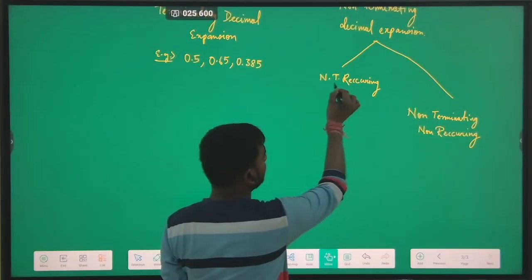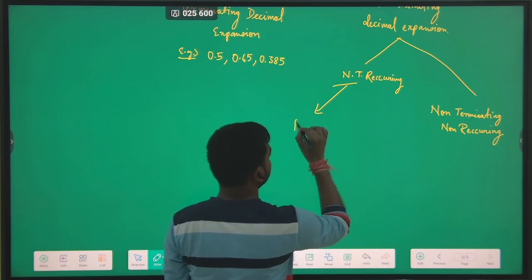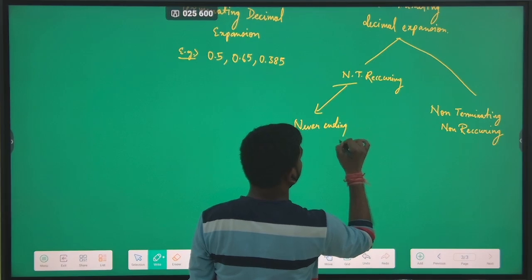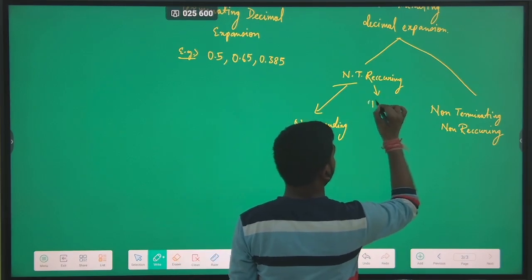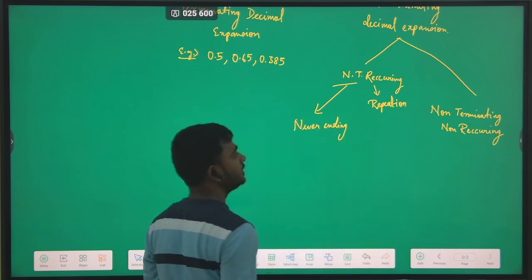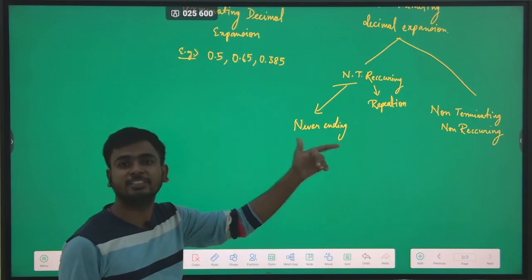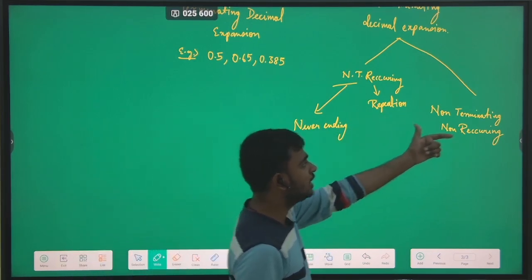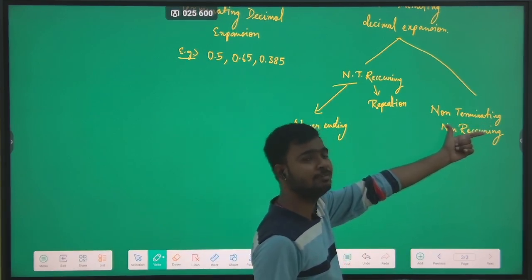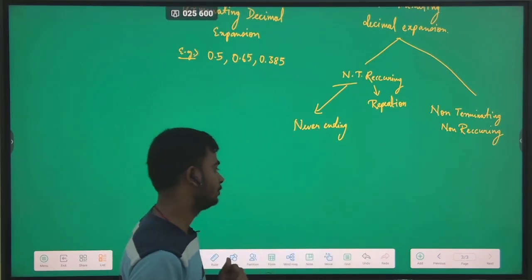Here non-terminating means never ending, and recurring means repeating. So for recurring, the decimal representation will be never ending and will repeat itself after a certain interval of time. But for non-terminating, non-recurring numbers, the decimal expansion will be never ending, and it will never repeat itself after a certain interval of time.